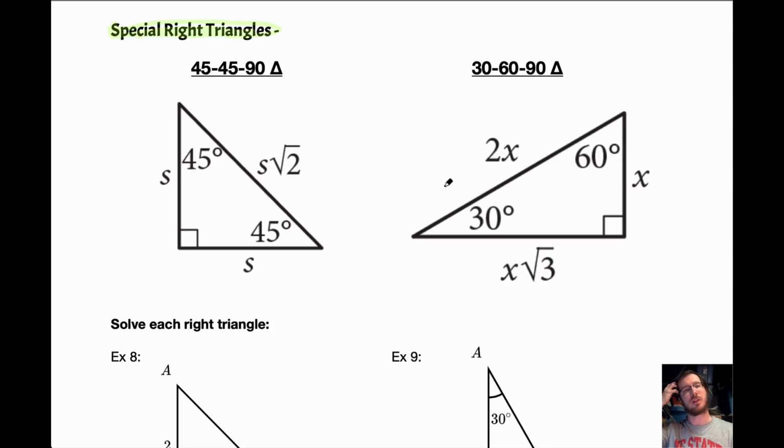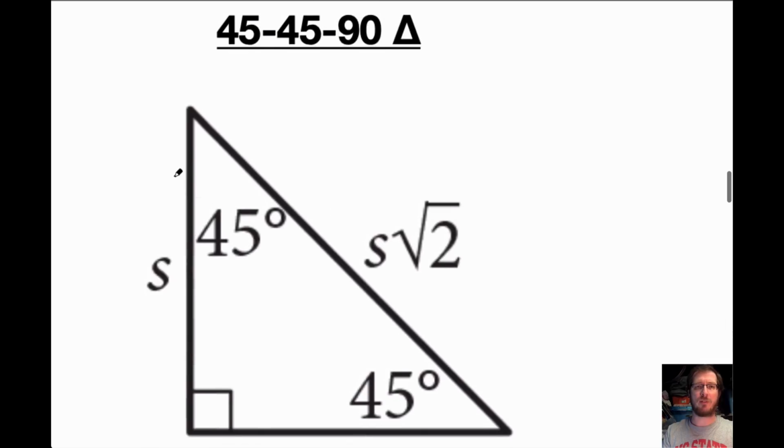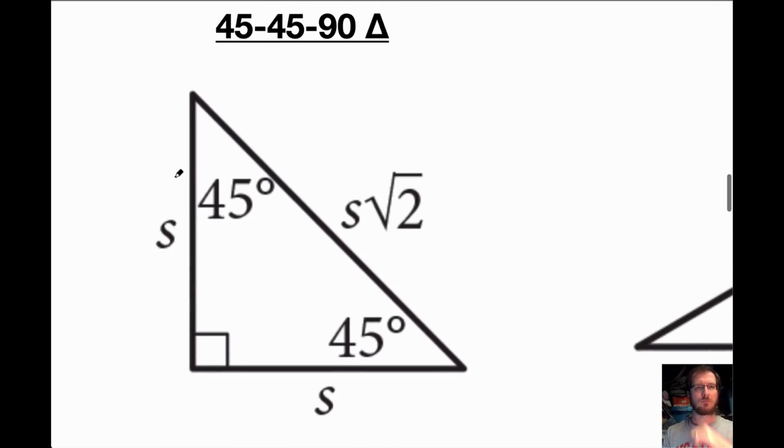They're named such for their angle measures. So let's focus on the 45-45-90 triangle first. Because we've got two congruent angles, or two 45s here, that means it's an isosceles triangle. So the sides opposite congruent angles are congruent.